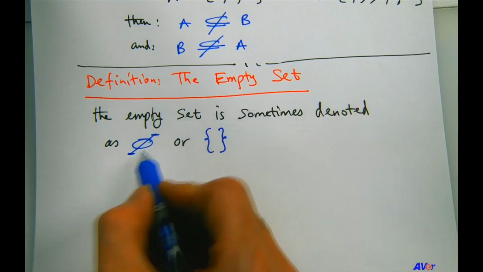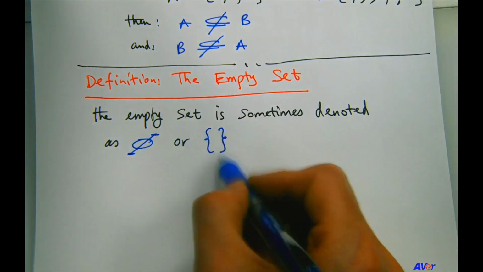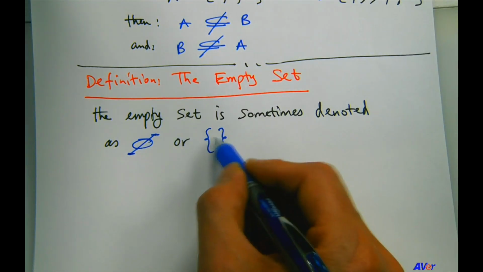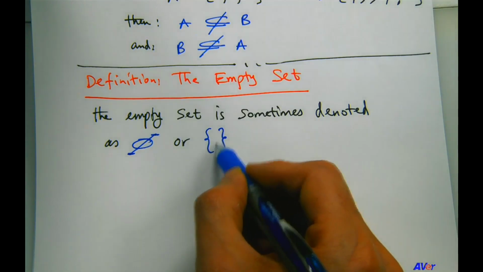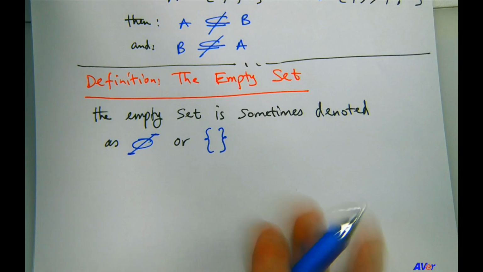So an empty set can be denoted with the letter phi, or with these two empty braces facing each other with nothing in between, as this or that.